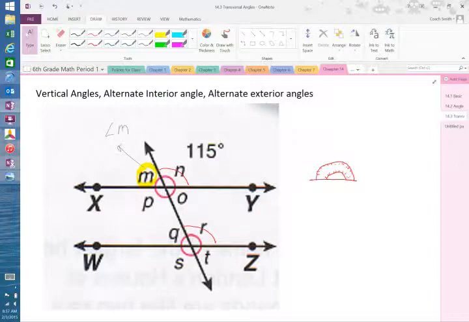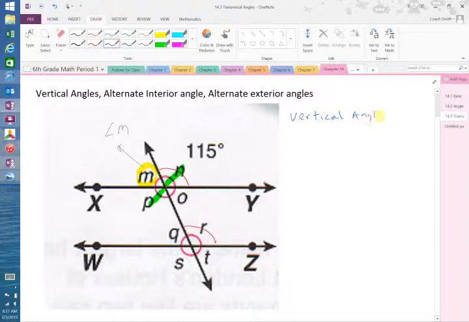Now, when we're talking about vertical angles, I touched on this yesterday. Vertical angles would be the opposite angles when two lines intersect. Vertical angles are formed when two lines intersect.